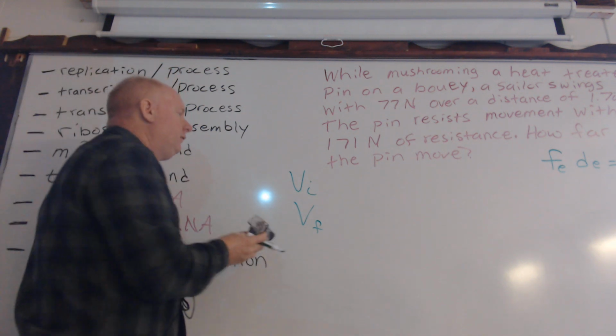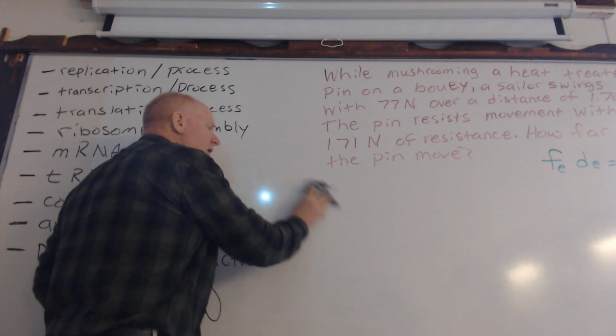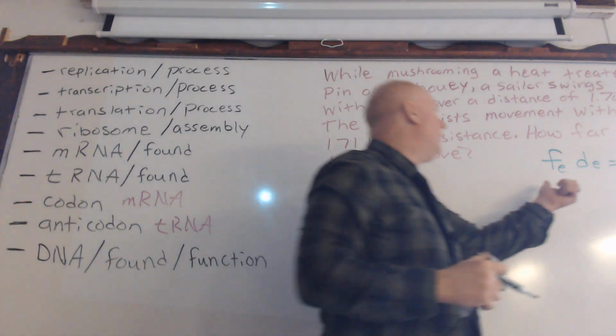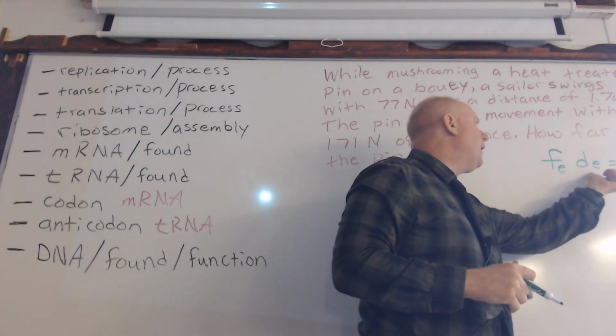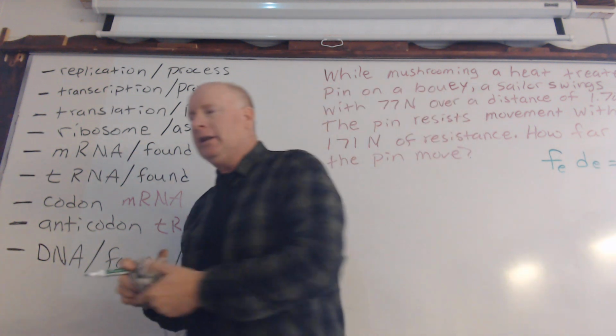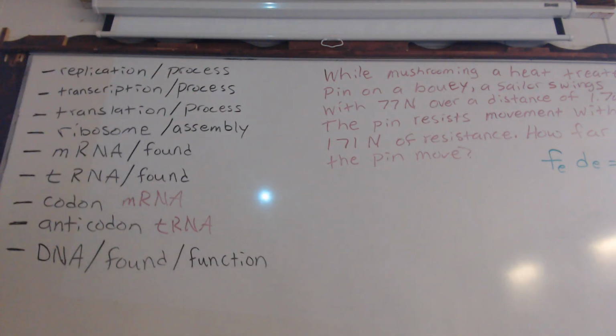So now, what this means is we've got an effort force, an effort distance, a resistance force, and then a resistance distance. So you set those two equal to each other. I'll get to that in just a moment. Okay.